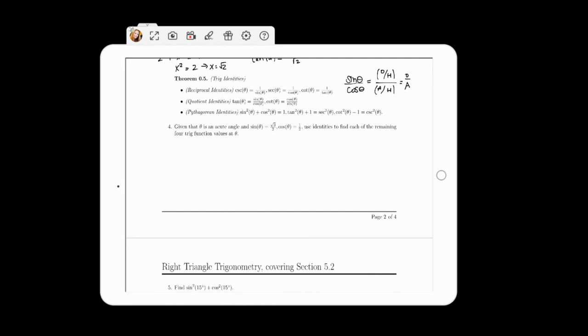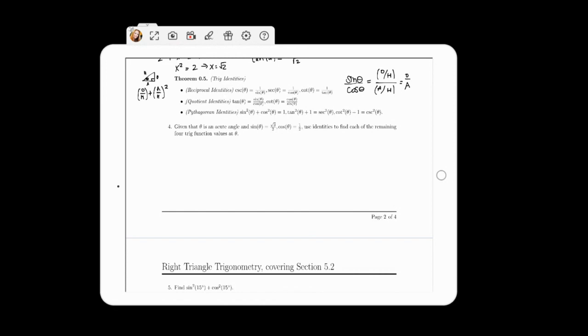And lastly, we have the Pythagorean identities. So we know that, for example, sine squared plus cosine squared will be... So we have some triangle, right? We have some angle. We have opposite, adjacent, and hypotenuse.